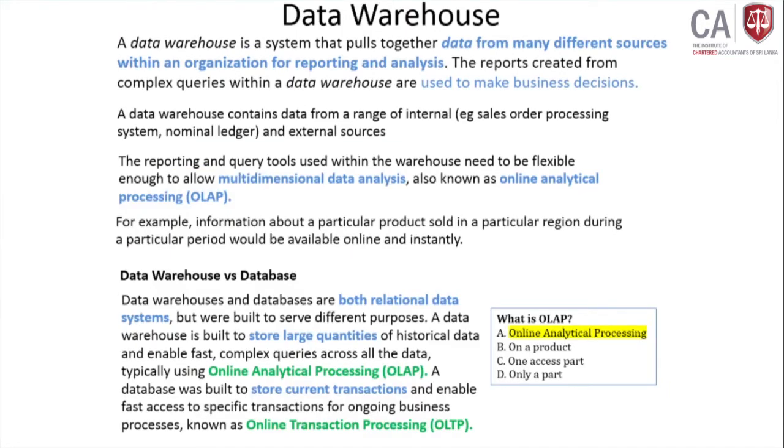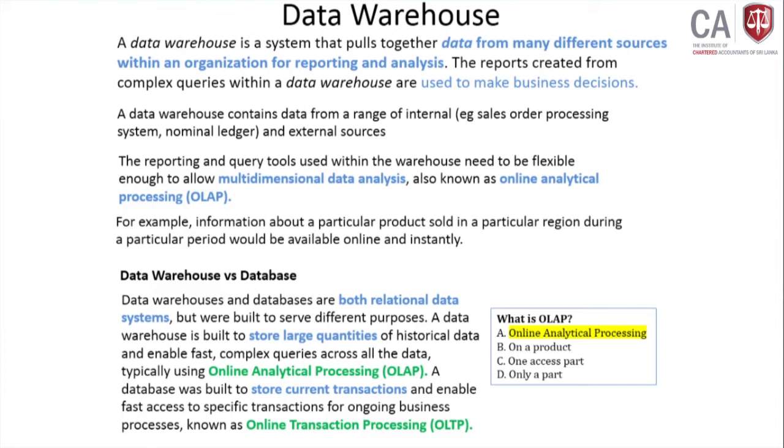Okay, data warehouse. What is the data warehouse? A data warehouse is a system that puts together data from many different sources within an organization for reporting and analysis. At the operational level, there are some data: how many products are used, how many materials are used, what materials they have used, how many times, how much time they have taken to develop products, likewise. Also at the different managerial levels there are some data, and also at the strategic level.